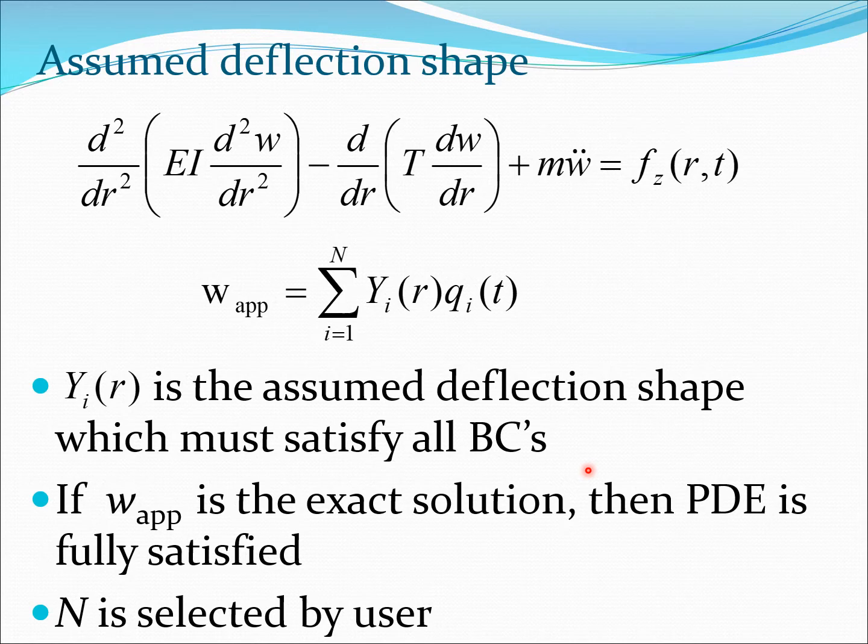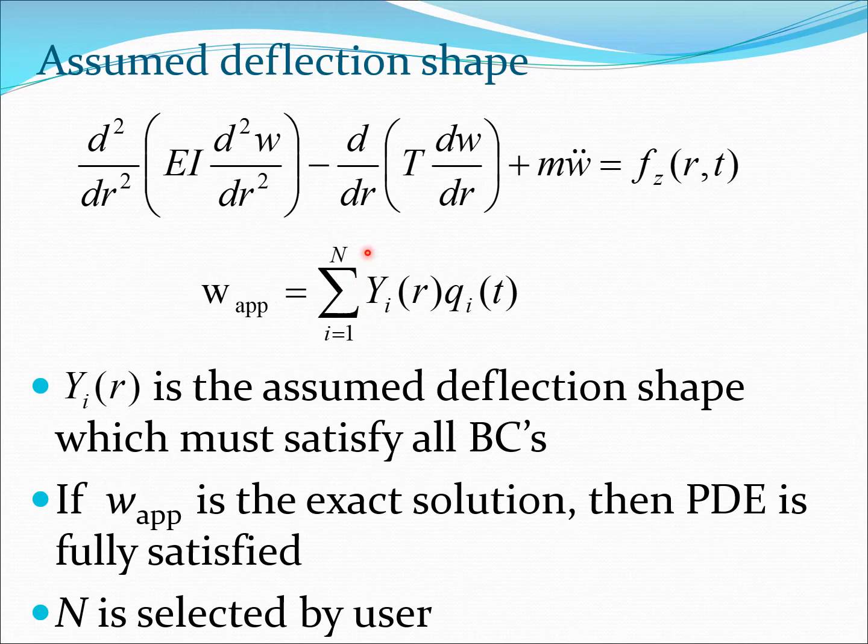For example, for a cantilever beam, the moment and shear force at the tip of the beam should be 0. But you can of course find such functions for cantilever beam. We'll discuss that later. Now, if you were lucky and you somehow figured out this solution as the exact solution of the differential equation, this PDE would be satisfied and you would get an exact solution.